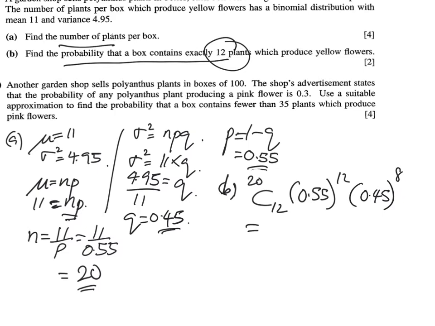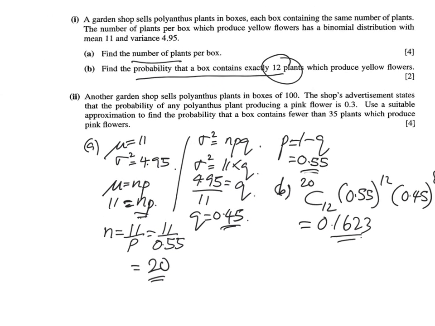Use your calculator to find the answer. The answer is 0.1623. So that's done for parts A and B.